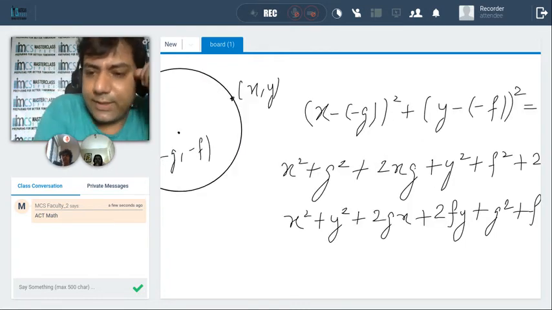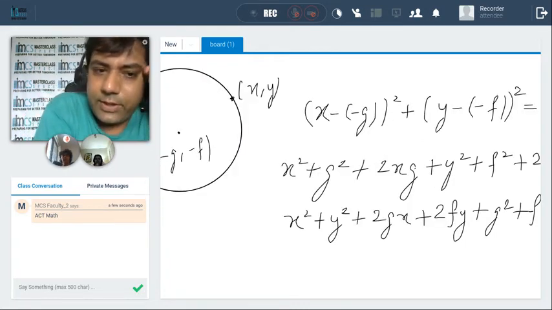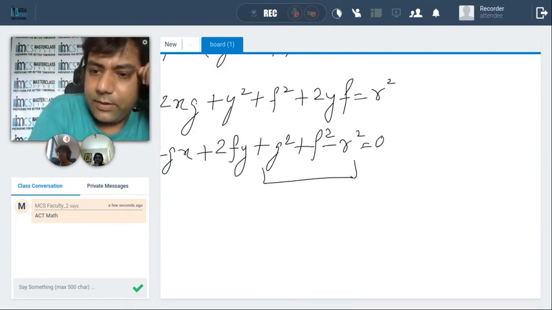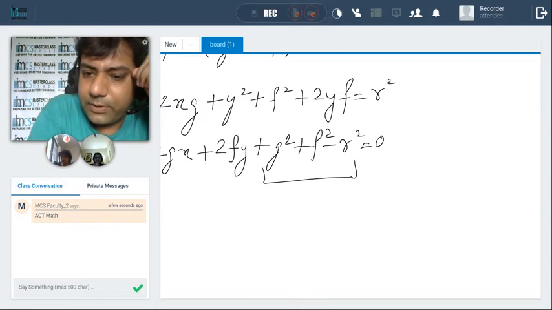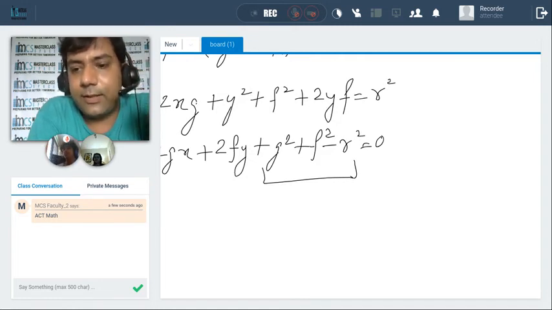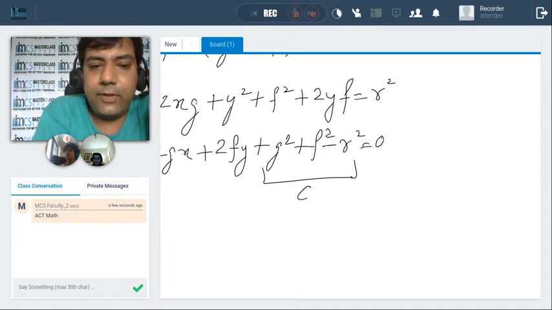Okay, guys. So I'm finishing this derivation. x square plus y square plus 2gx plus 2fy plus g square plus f square minus r square. You can see this g square plus f square minus r square is a constant term, which I have denoted by c.